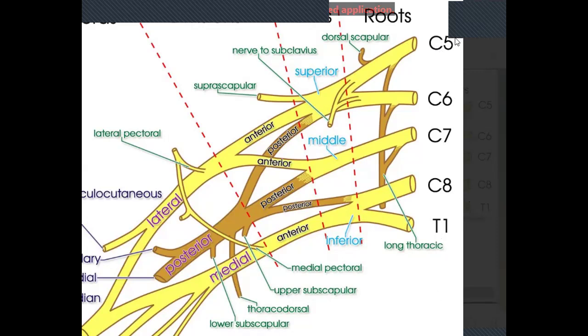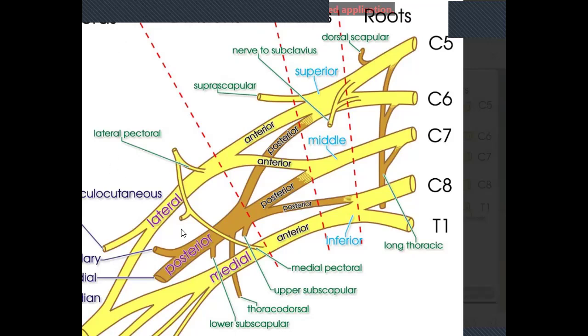When it is prefixed, it can even include C4, which is not usual, and when it is postfixed, it can even include T2. So basically, if you remember the brachial plexus as roots, then trunks, divisions, and then cords, that would be good.